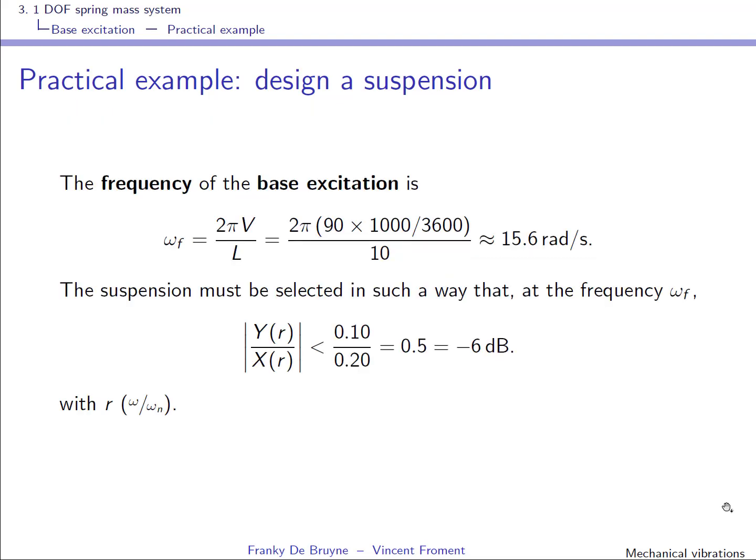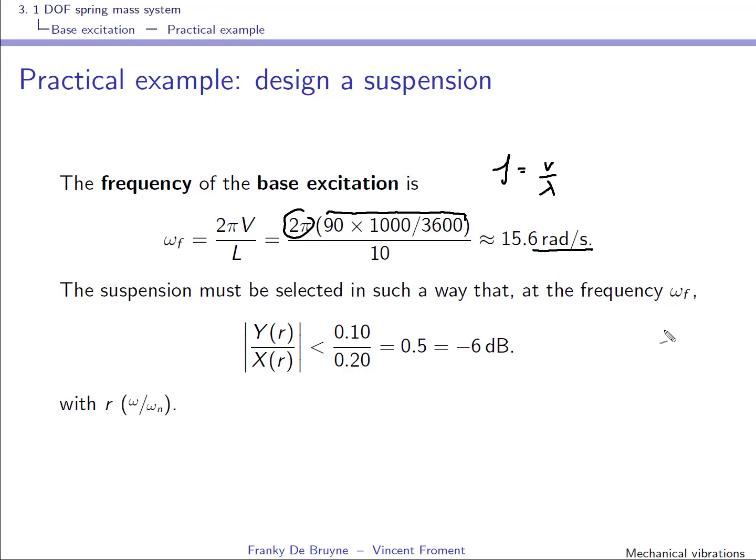We can now compute the frequency of the base excitation, and we know that frequency is related to speed and the wavelength: it's speed over wavelength. We have to compute the speed in meters per second. This is what we do: we translate the speed from 90 kilometers per hour to meters per second, then we divide by the wavelength and multiply by 2 pi, and we have the forcing frequency.